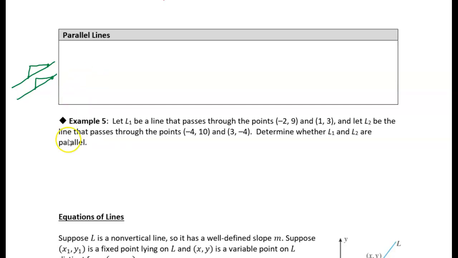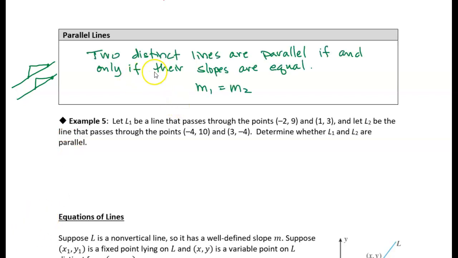So what you need to know about parallel lines is this. Two distinct lines are parallel if and only if their slopes are equal. Now this "if and only if" is a biconditional statement, which means that this works both ways, right?